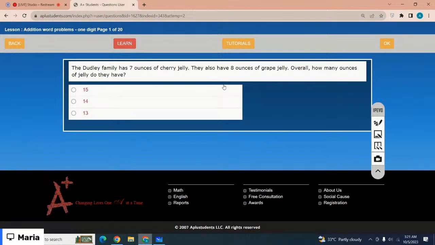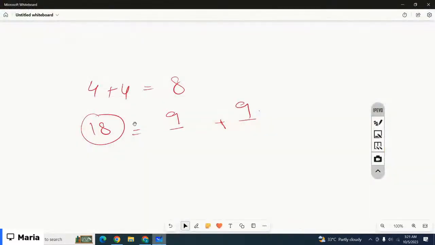The Doodley family has 7 ounces of cherry jelly. They also have 8 ounces of grape jelly. Overall, how many ounces of jelly do they have? So you have 7 ounces of cherry jelly and 8 ounces of grape jelly. You have to count them together, 7 plus 8, right?